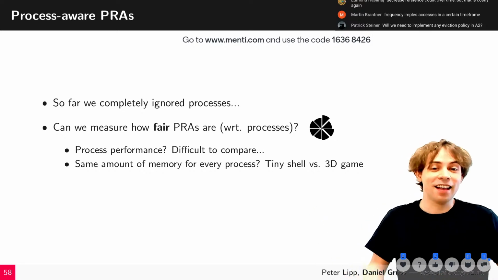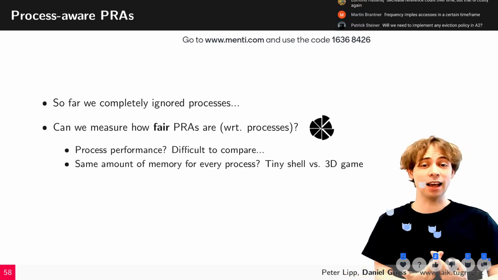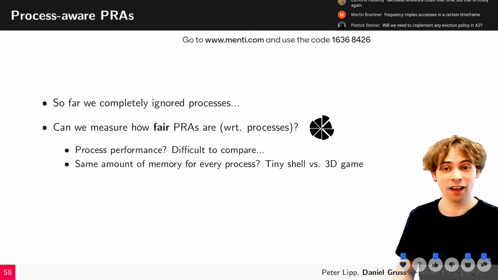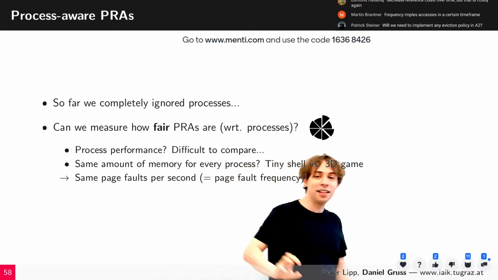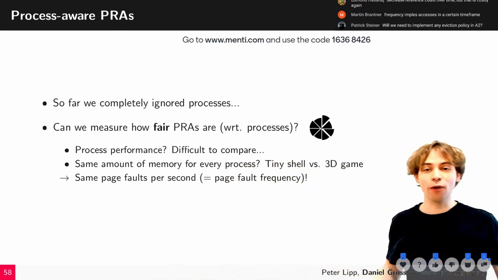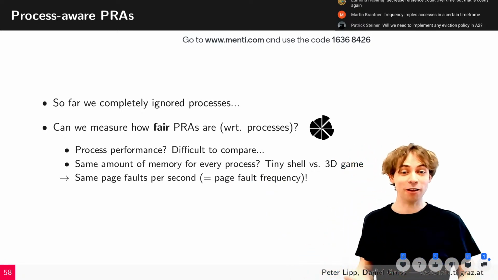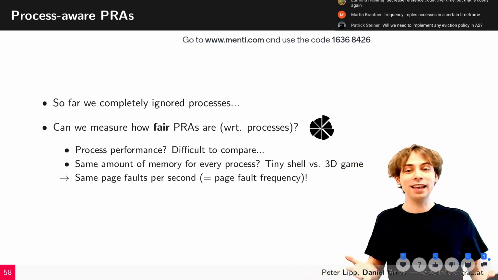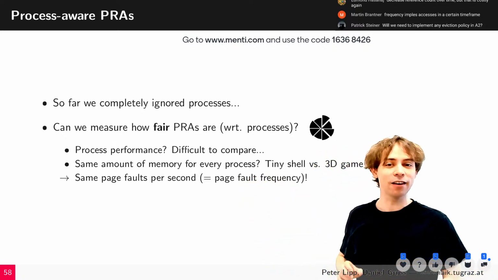It doesn't mean that everyone gets what they want, but it just means that everyone is equally unhappy with the outcome. And that's also what we have here. The same page faults per second, so the same page fault frequency for every process. All the processes are equally unhappy. They are equally slowed down with the same page fault frequency.